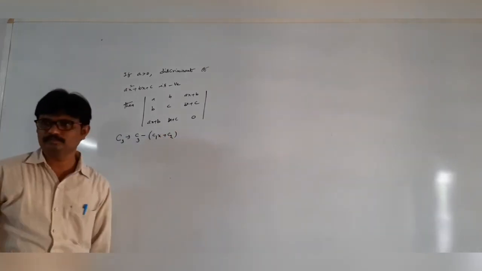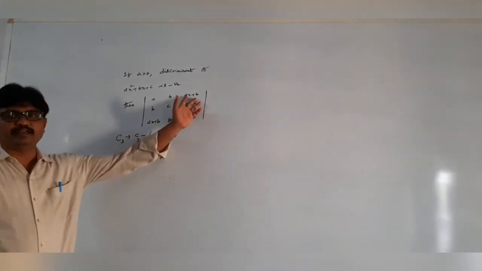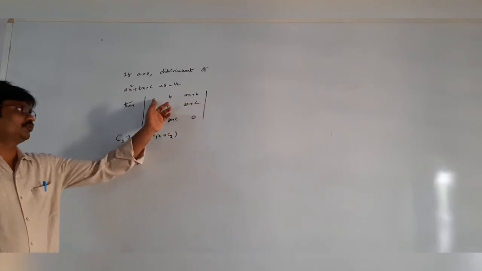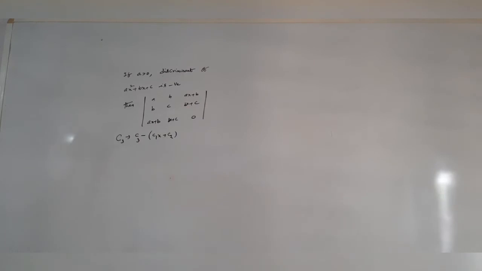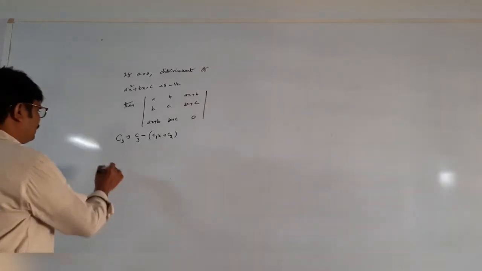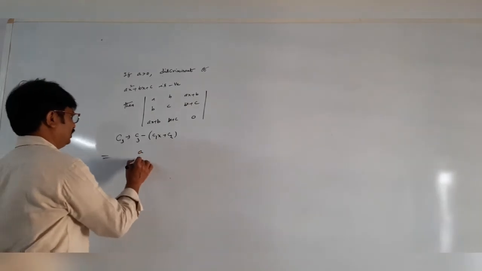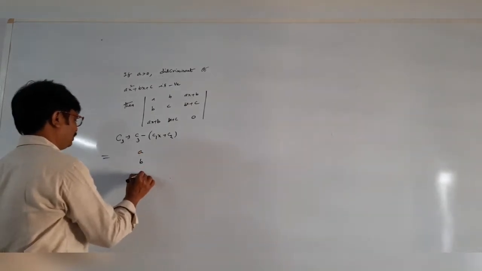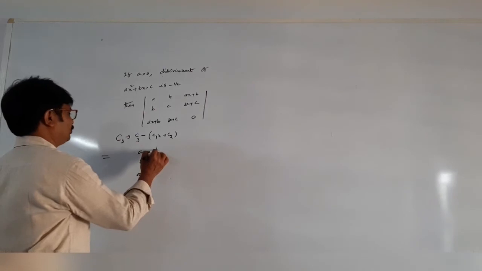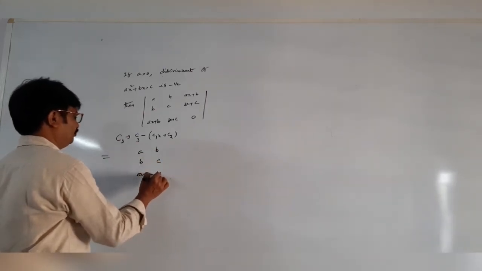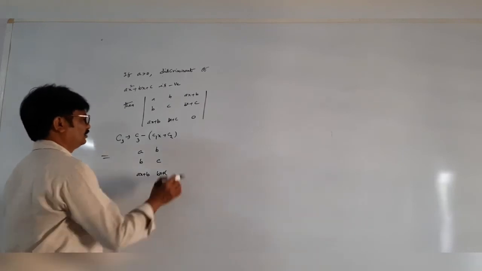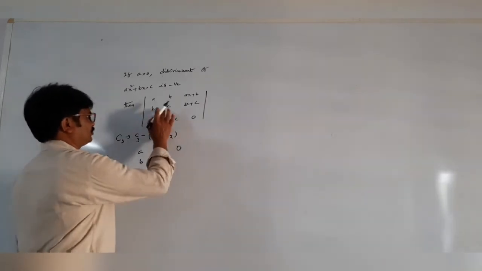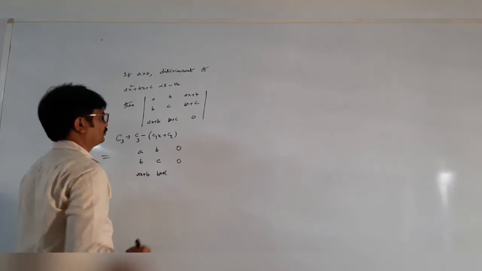Ax plus b is there, so we multiply it by x and subtract ax plus b. What do we get? 0. The column 1 we can write as same: a, b, ax plus b. The column 2 is b, c, bx plus c. Now this is 0, and this is also 0.